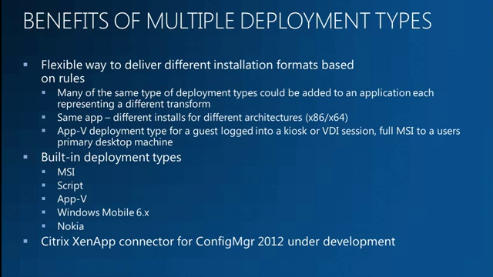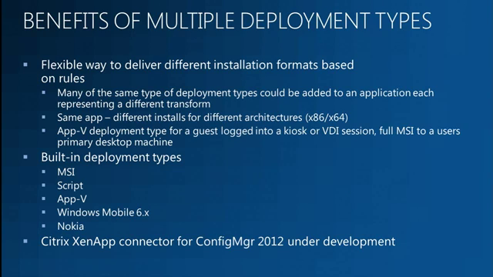Partners can publish, based on our schema, their own new deployment types based on their devices, platforms, and technologies. So we built the application model and the deployment types to be extensible and available for partners. We do have some that we created at Microsoft: MSI, script, App-V.